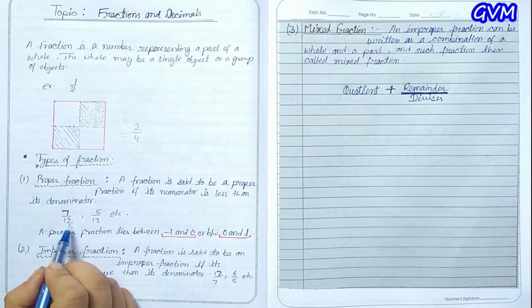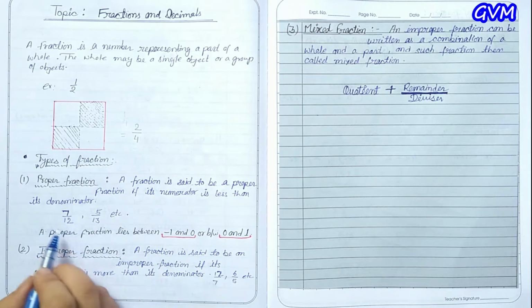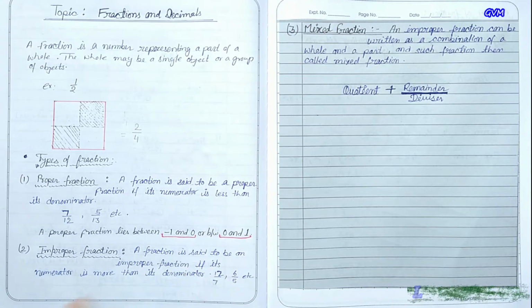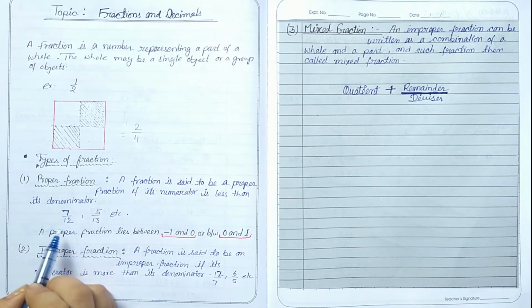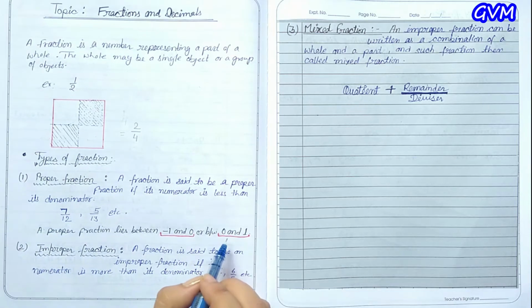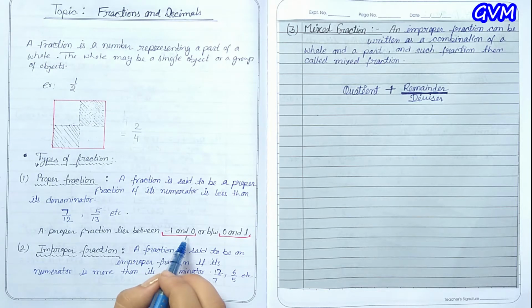And if it is negative, consisting of a minus sign with it, then this fraction always lies between -1 and 0 on the number line. So if you want to find out where these proper fractions will lie, it is simple. Either they will lie between 0 and 1 or between -1 and 0.